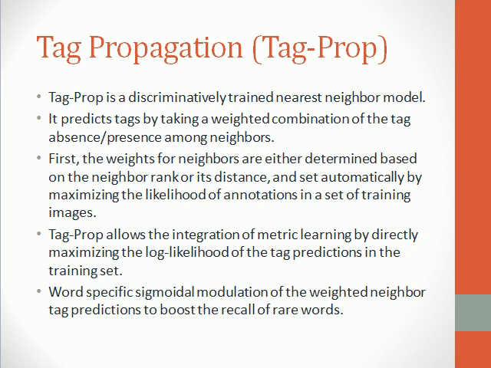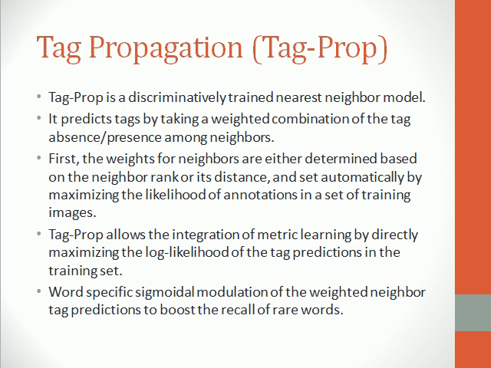In 2009, Guillaumin et al. proposed discriminative metric learning in nearest neighbor models for the image auto-annotation task: TagProp. TagProp is a discriminatively trained nearest neighbor model. It predicts tags by taking a weighted combination of the tag present or absent among the neighbors. First, the weights of neighbors are determined based on either the neighbor rank or its distance.